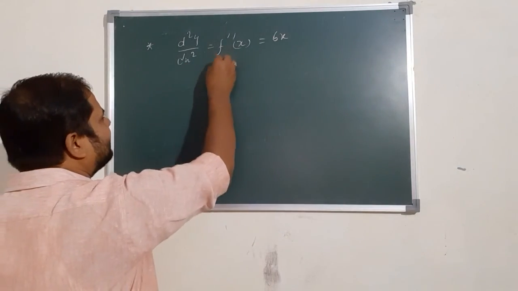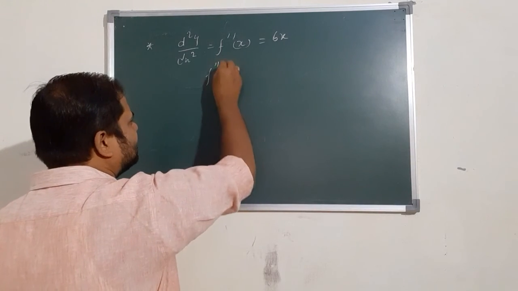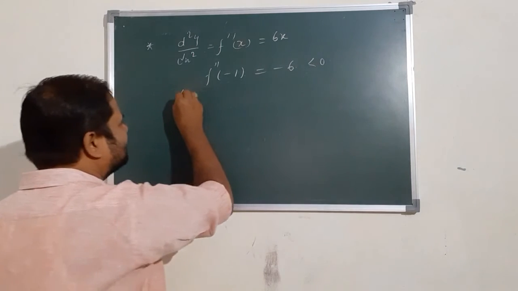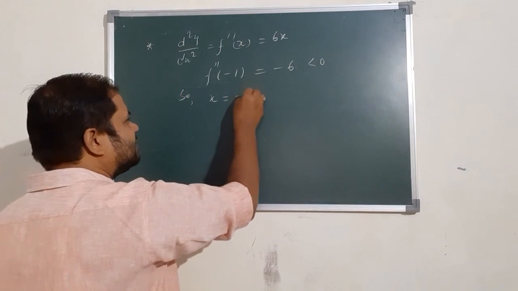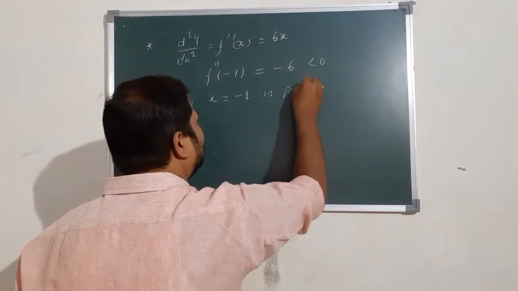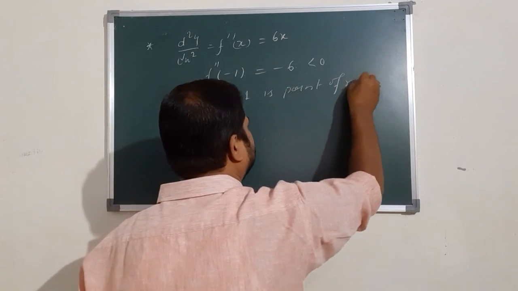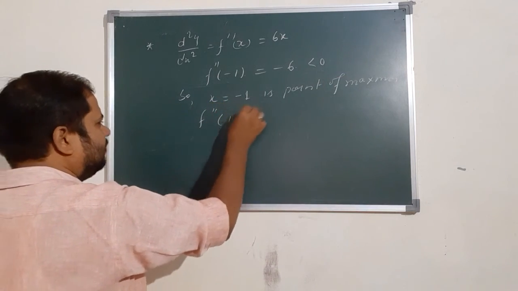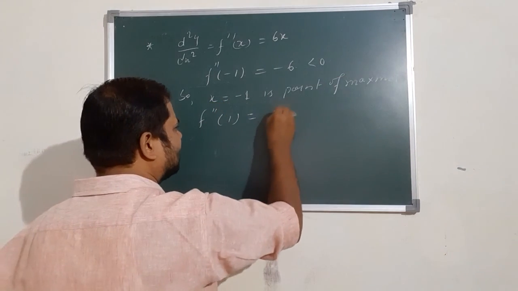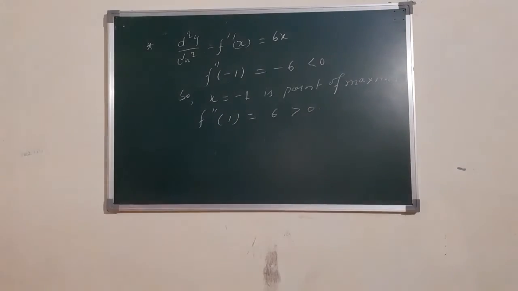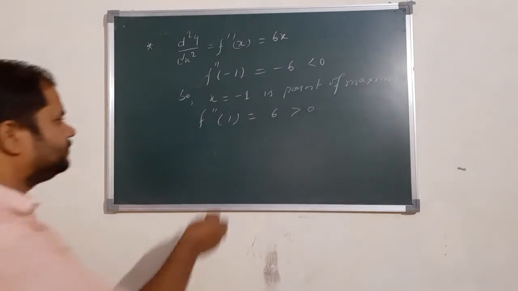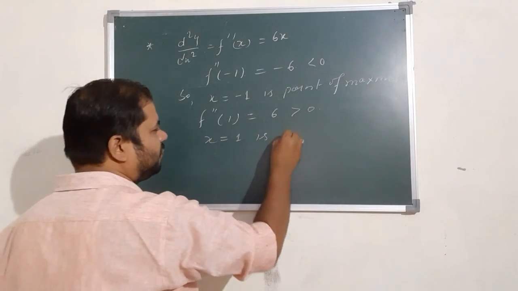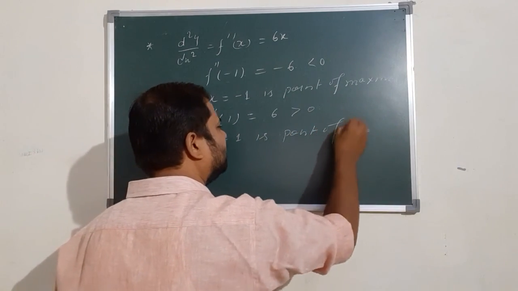Now f double dash x at x is equal to minus 1 is negative, which is less than 0. So according to the condition, x is equal to minus 1 is the point of maxima. Similarly, f double dash 1 is plus 6, greater than 0. So x is equal to 1 is the point of minima.